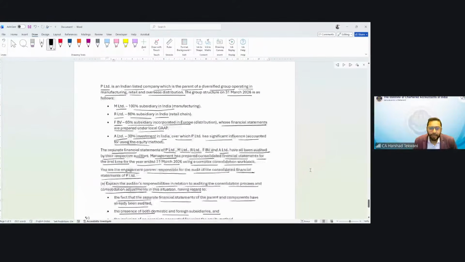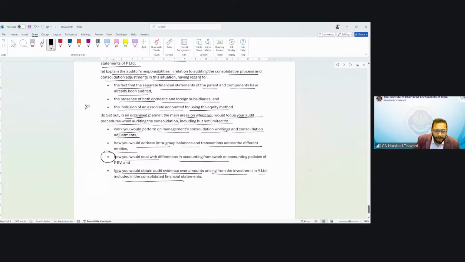Now, what is A Limited? A Limited is the equity method. We have already discussed that. Now we need to talk about this part.